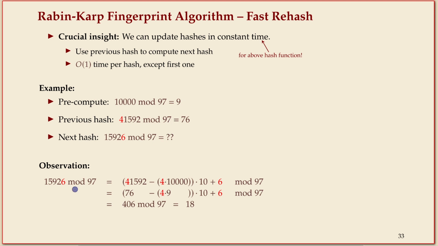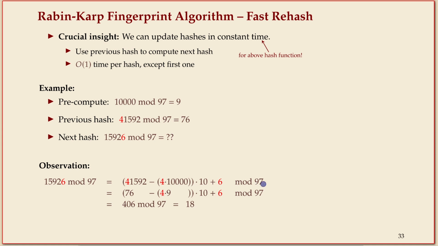So here's that spelled out. That's the new hash we'd like to compute with the one position shifted over. What we have is the old hash, so this number modulo 97 is what we know. We can get from that number to that number if we subtract 4 times 10,000, multiply by 10 to shift all the digits, and add 6. Okay.